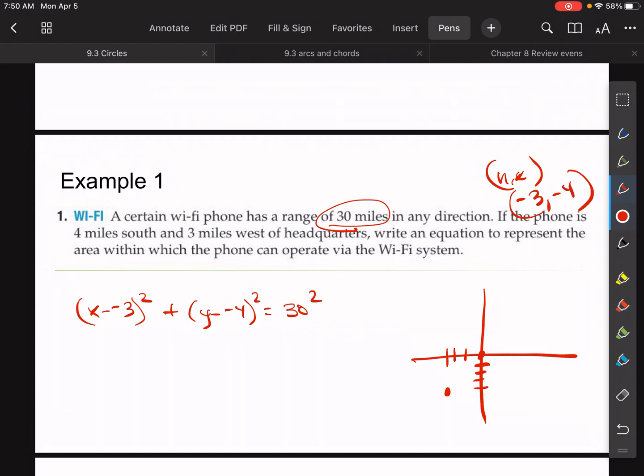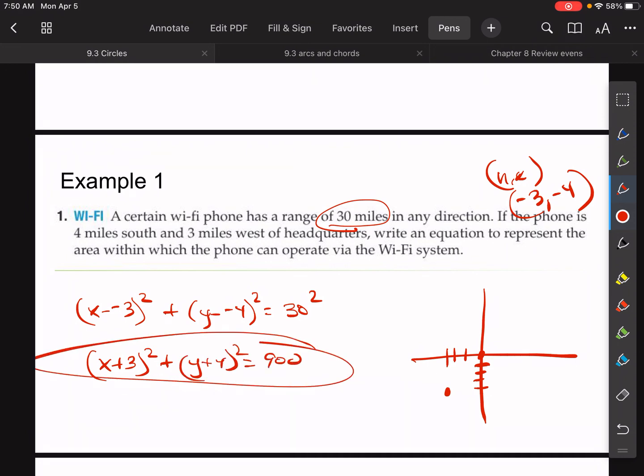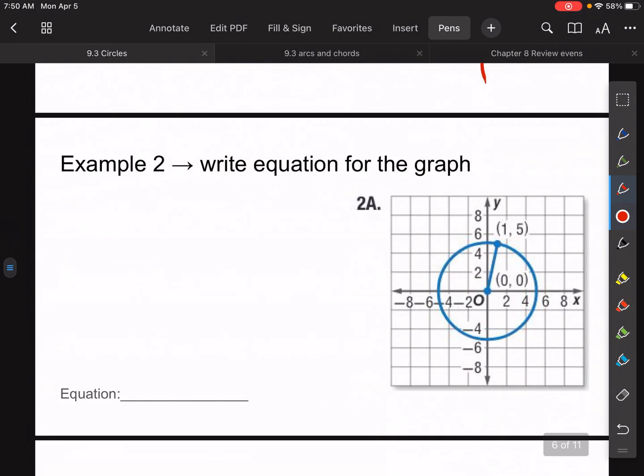Okay, so we can simplify this a little bit because two negatives make a positive, right? So this will be x plus 3 squared plus y plus 4 squared is equal to 900. And that is the equation that they're looking for. Okay, so that's just plugging in our center and our radius into our equation for a circle.